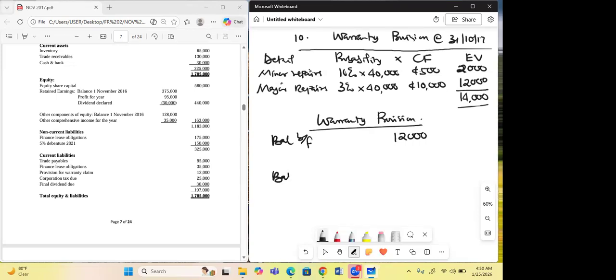If we compare it to the closing balance of 14,000, there is an increase in provision. An increase in provision is an expense, which we have to charge to P&L. So the increase of 1,000 shall be charged as an expense to P&L.